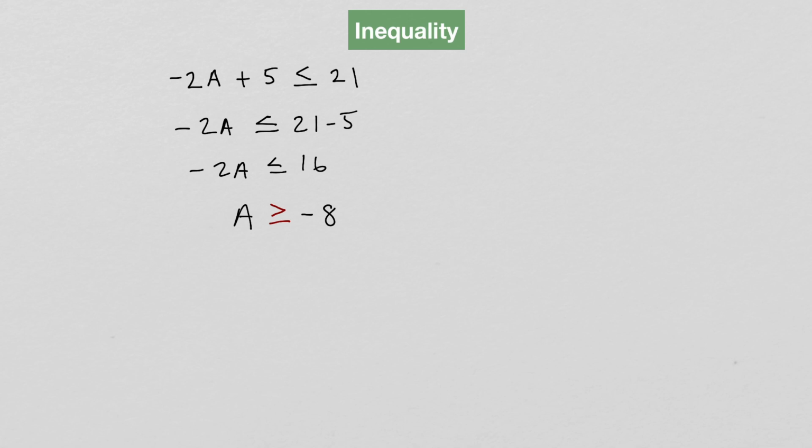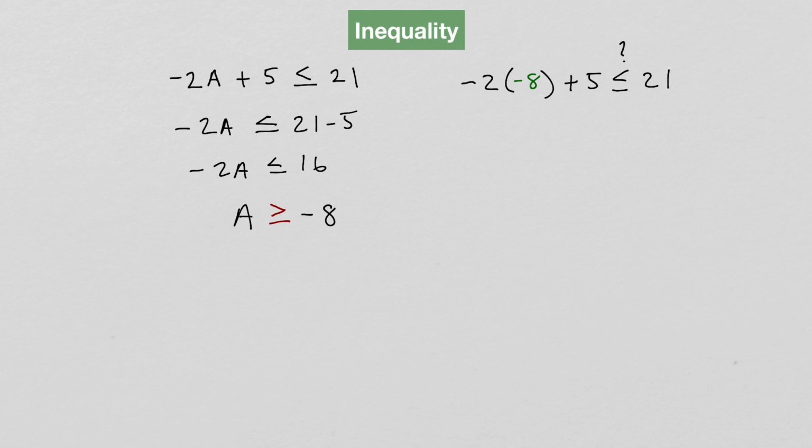Okay, so let's test this out. This basically says that for any value of a, as long as it is greater than or equal to negative 8, it will make this statement true. So let's try negative 8 and see if it is true. We have negative 2 times negative 8 plus 5 less than or equal to 21.